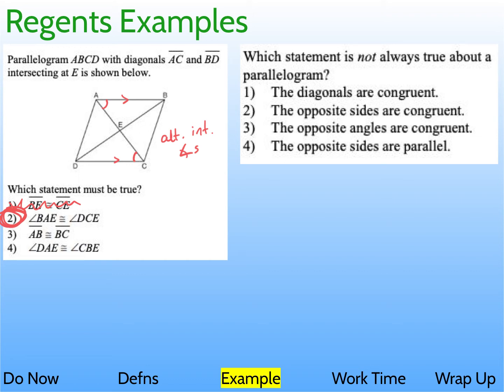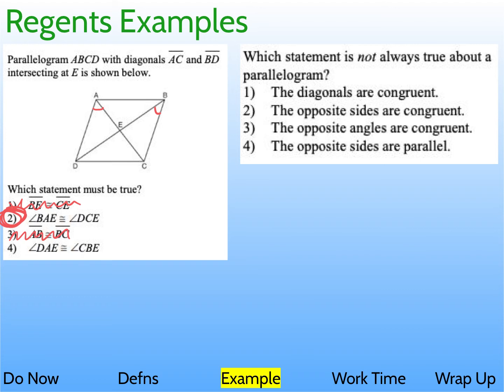But let's real quick look at why the other two are not the correct answer. So the next one says that AB is congruent to BC. We don't know that. In a parallelogram, the opposite sides are congruent, but we don't know that the sides next to each other are congruent. So no dice on that one. And the last one says that angle DAE right here is congruent to angle CBE.